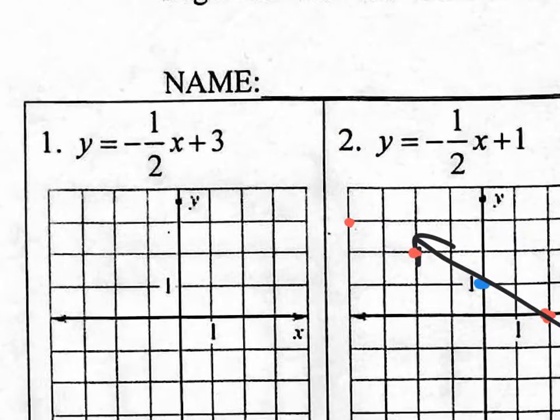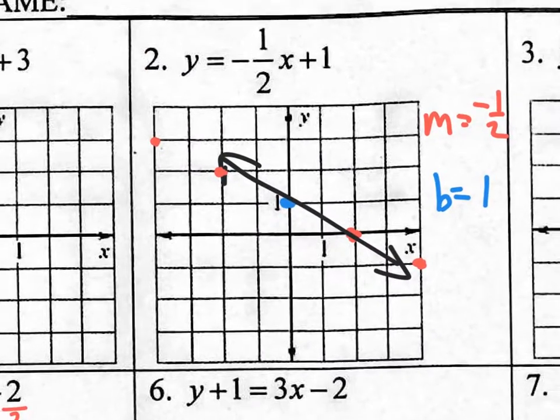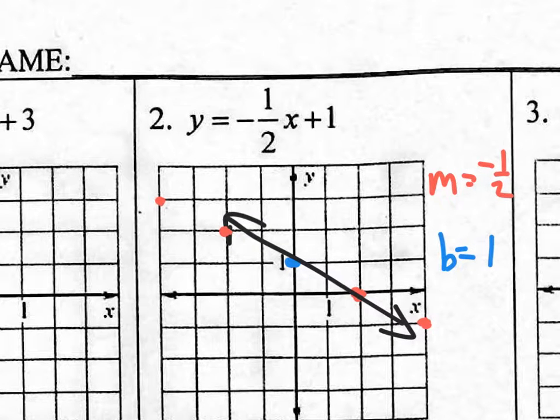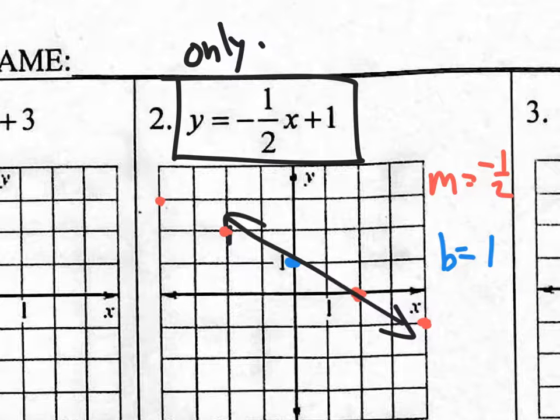But let's say I told you to look at number 2 and I asked you to graph this equation, but let's say only with domain being x greater than 1. Okay, so this is going to get a little weird here, okay?